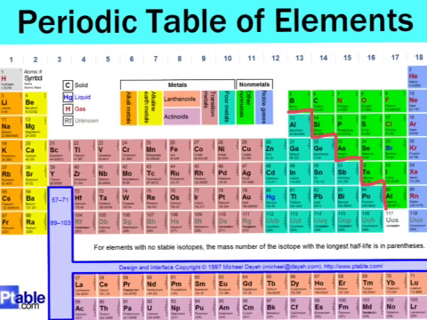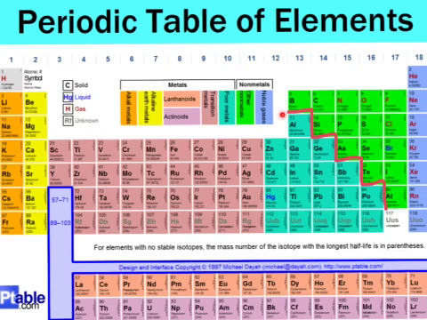Here is a periodic table showing the staircase going down the middle right here. And that separates the metals on the left from the non-metals on the right. Everything touching the staircase, except for aluminum, is considered a metalloid.